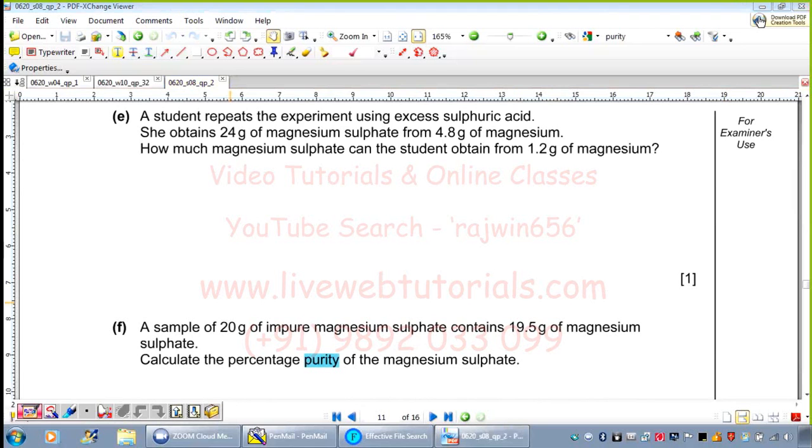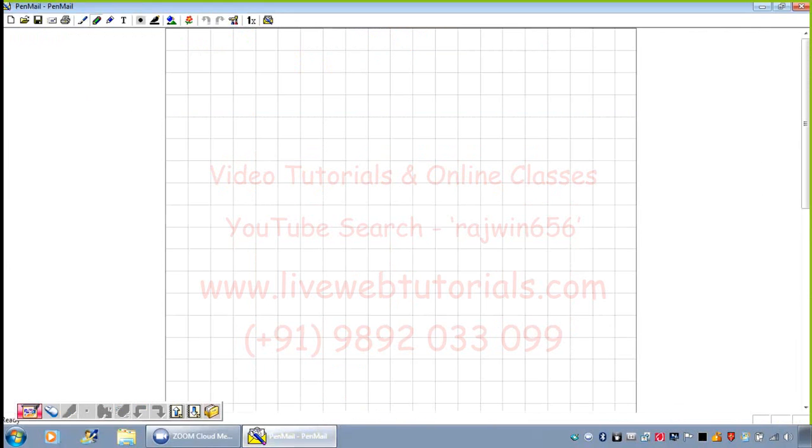Okay, basically the reaction is that is 1.2 grams into 24 upon 48. 1.2 into 24 upon 48. Percentage loss in mass.